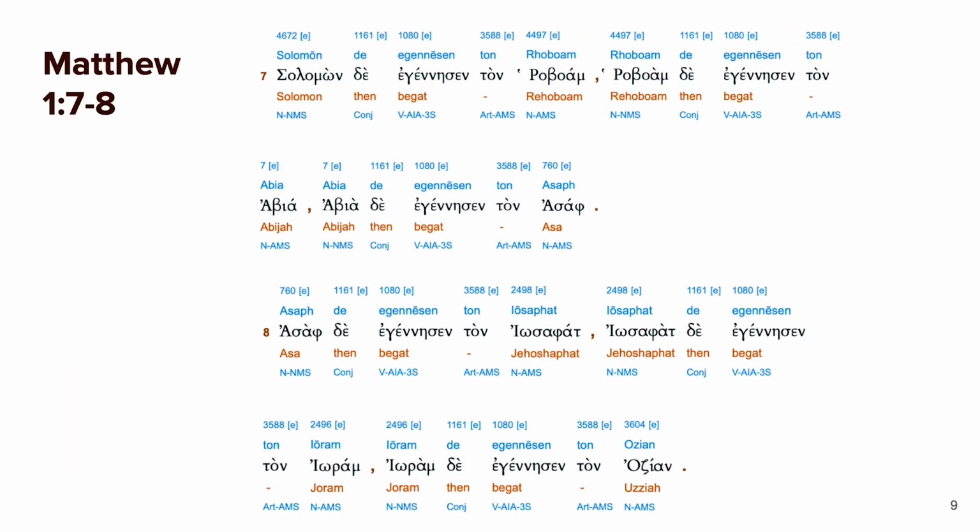All right, moving on to Matthew 1, verses 7 and 8. And I'm just going to go ahead and read this and highlight as I read so you can look and see how the accents affect the pronunciation. So here we have the accent at the end. So instead of Solomon, it's Solomon, Solomon de. Egenisen tan Roboam.